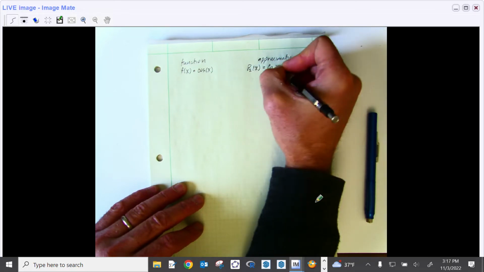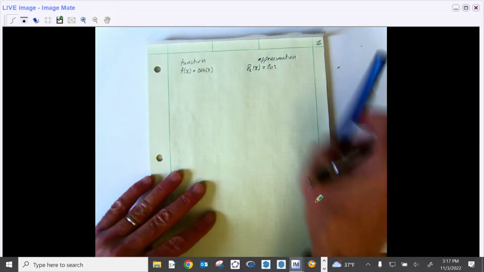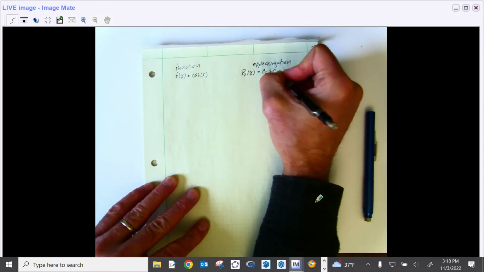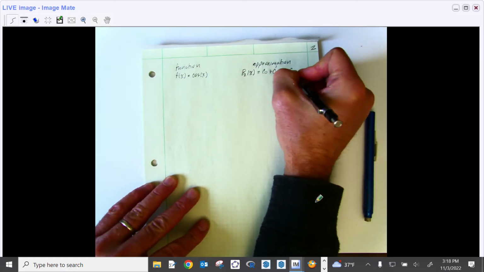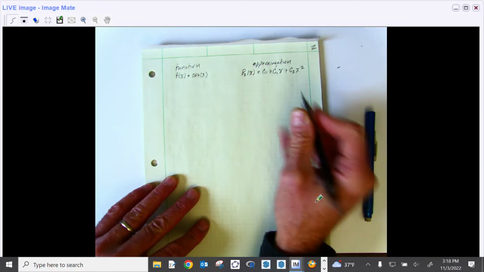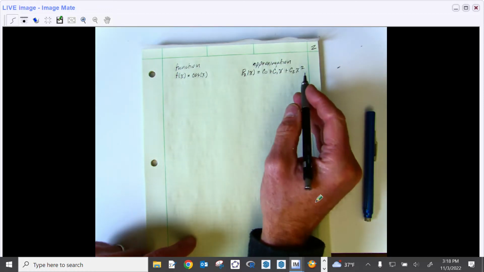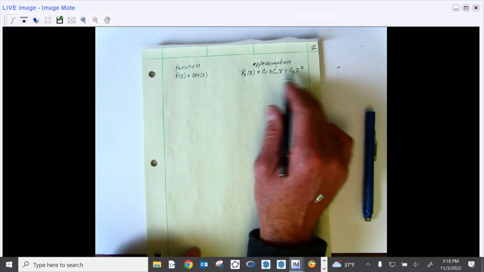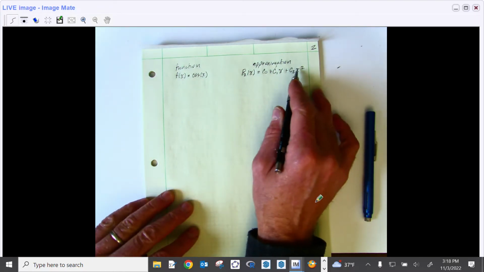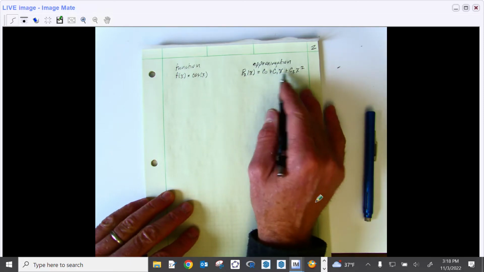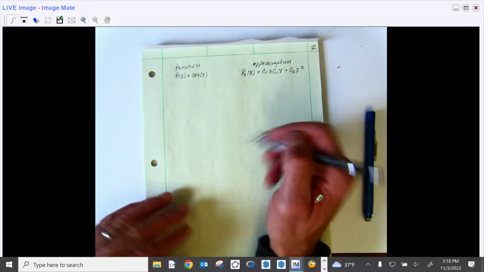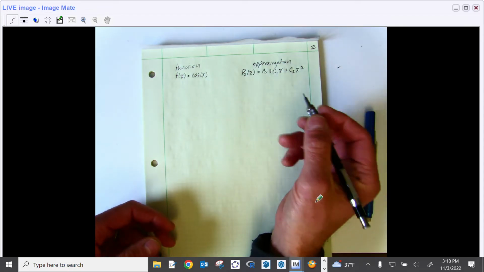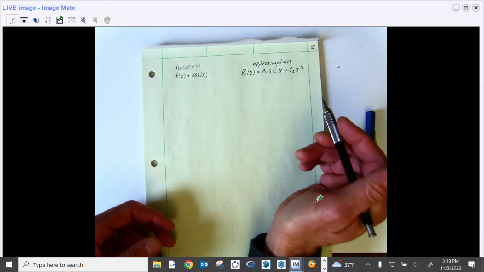So c sub 0, no x, so the constant, plus a linear term, plus a squared term, right? So this would be a second degree polynomial, what we think of as a quadratic. We're writing them kind of differently. Usually we put the x squared out in front and then the linear term in the middle and the constant off the end. But as you can see, things are growing in this direction in terms of increasing degrees.